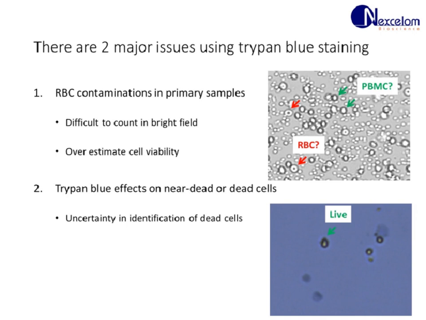You can see that the green arrow is pointing to the live cell, the red arrow points to dead cells, but there's also this large diffuse object that we don't know what they are, which I will show later on in this presentation.